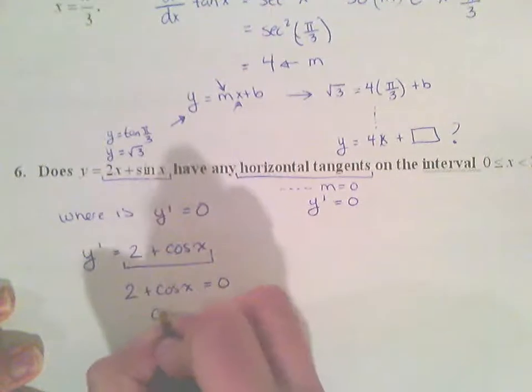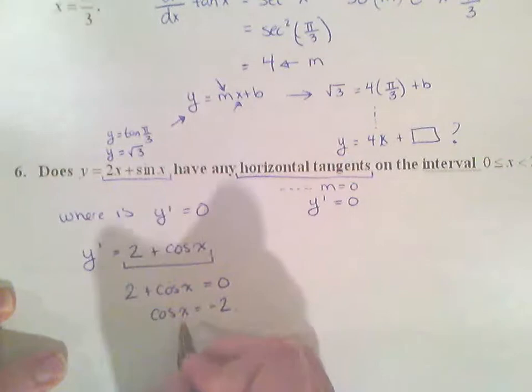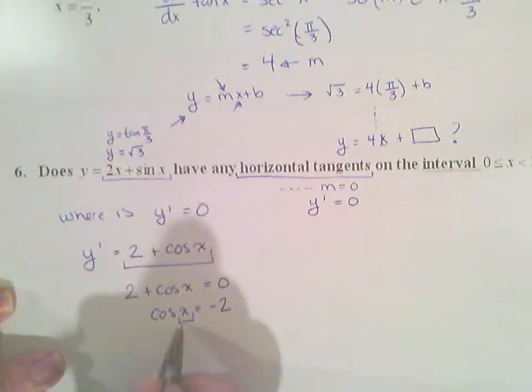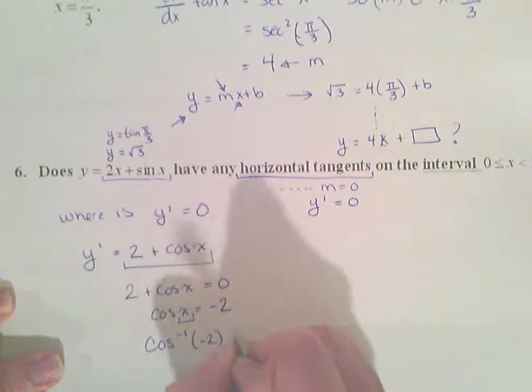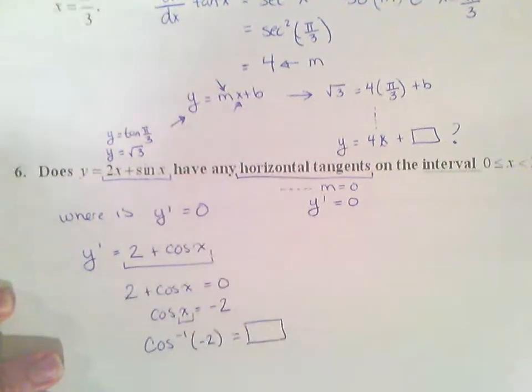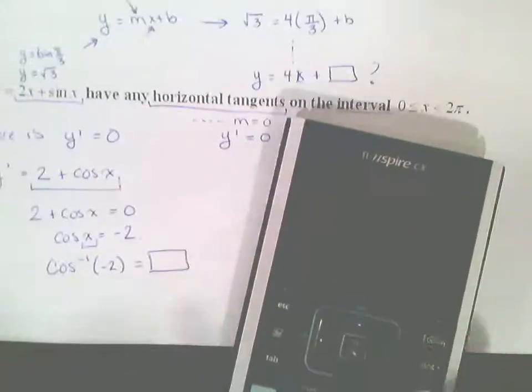So you solve it. Cosine of x equals negative 2. Now remember, how do we figure out x when we know this guy? We use the inverse. So the question is where is cosine of x negative 2?